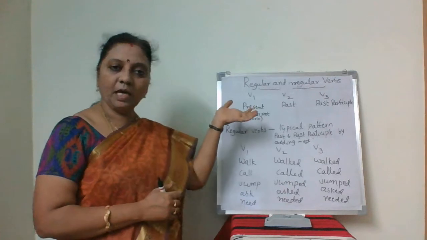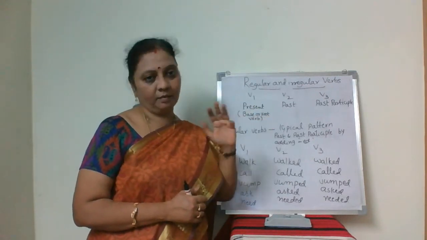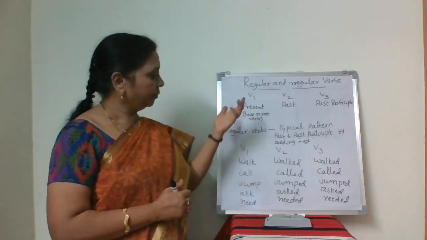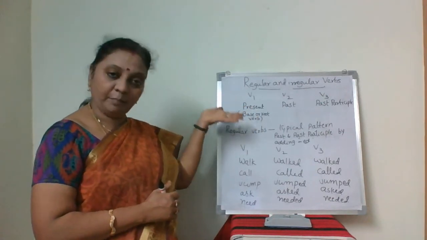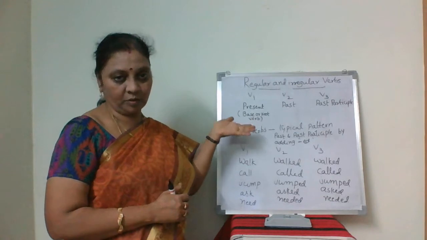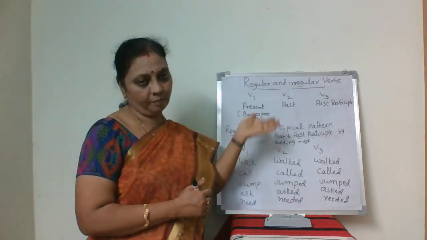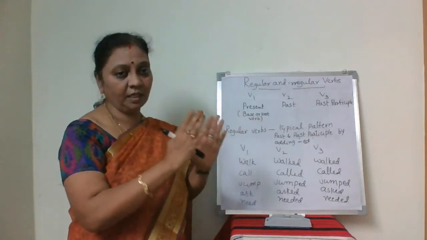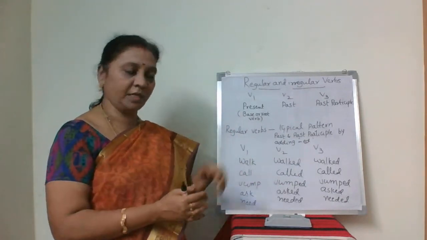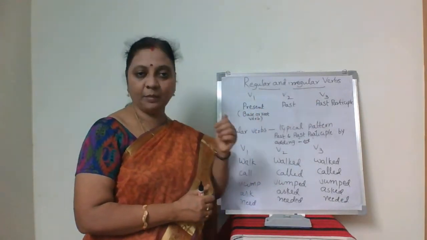First of all, every verb has three forms, isn't it? That is present, V1, base verb or root verb also. And V2, past form. And V3, past participle. These three, every verb has these three forms. Actually, V4, present participle, ing form.